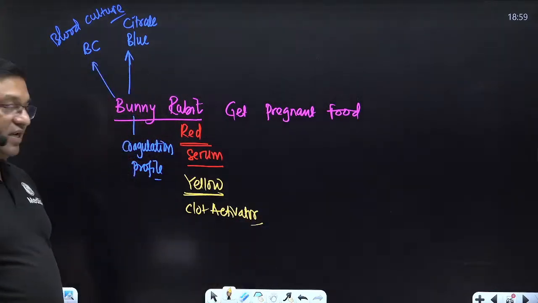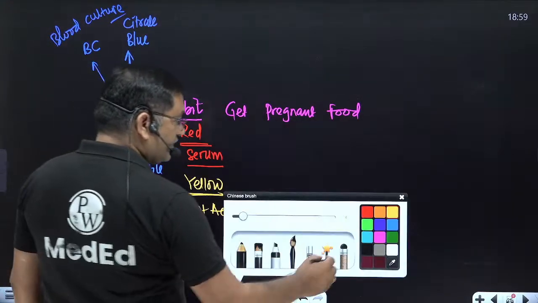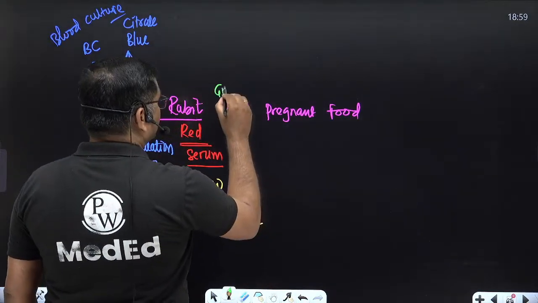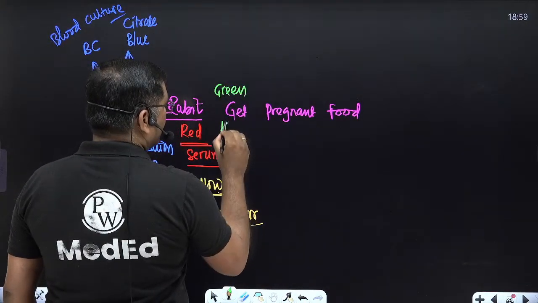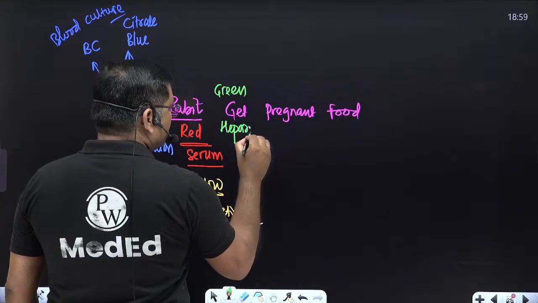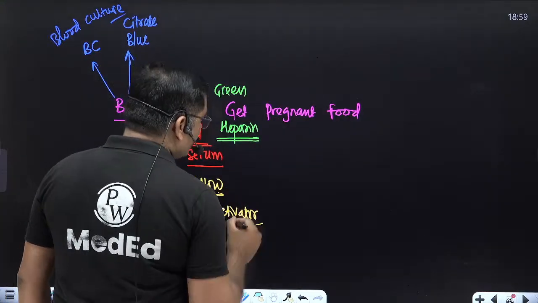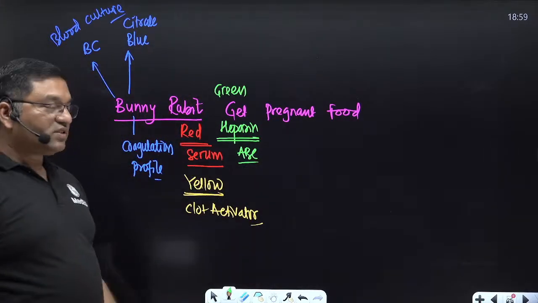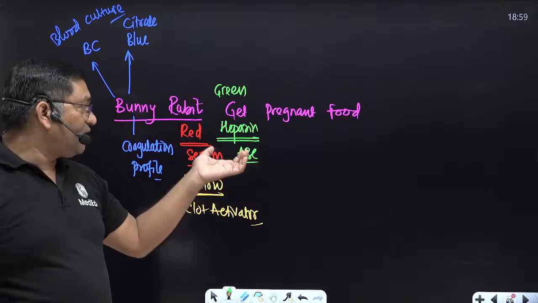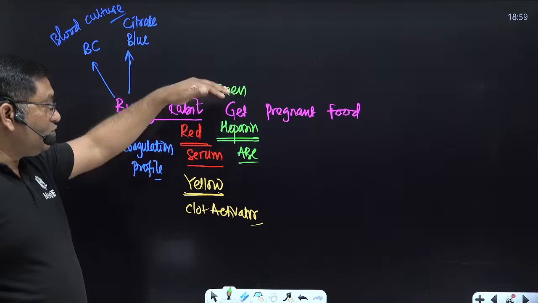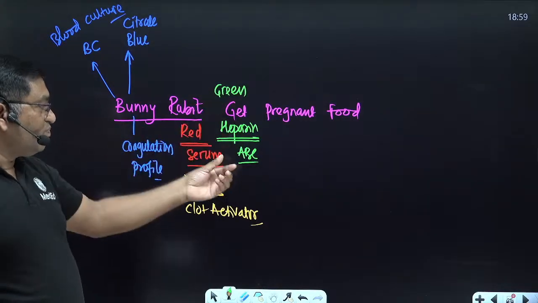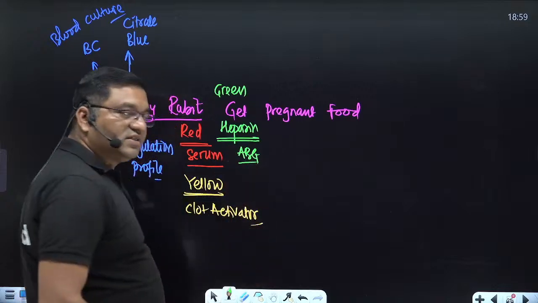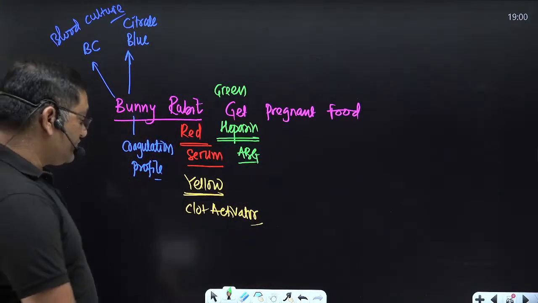Then the heparin tube, green heparin, particularly for ABG analysis and various serum and biochemical parameters. Green tube, heparin bulb, mainly for ABG analysis, arterial blood gas analysis.